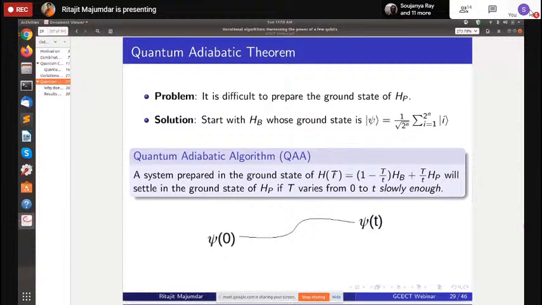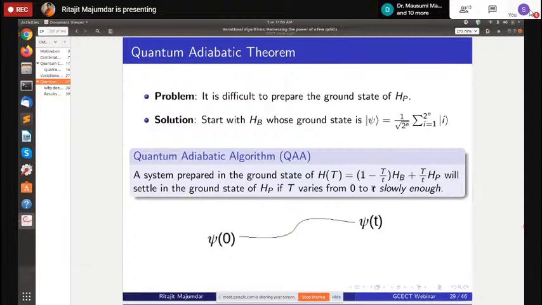What will happen if we do that? When capital T is 0, this second portion becomes 0 because capital T by small t is 0. So HP becomes 0 and this is 1, HB. That is what we said right now, that you start with HB, whose ground state is this. Mathematically, it is saying the same thing, that when capital T is equal to 0, you are actually having HB, nothing else.